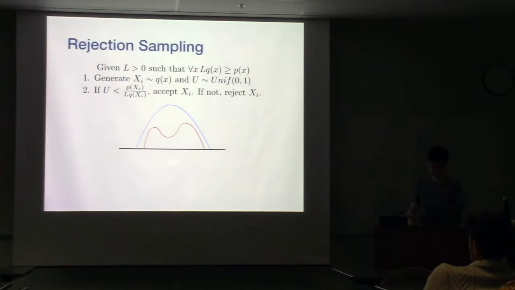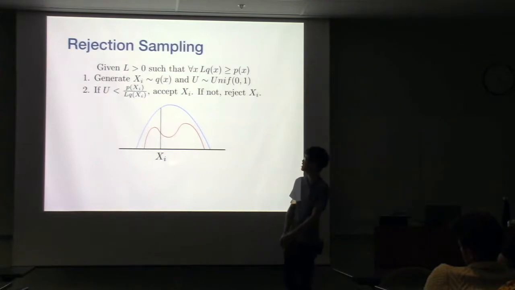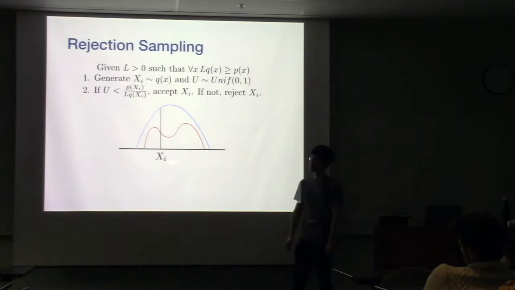So what does rejection sampling do? It generates a bunch of x's according to Q of x, and then U. So on line 2, if we look at the inequality, you can rewrite that as U times LQ of xi less than P of xi. So what is U times LQ of xi?